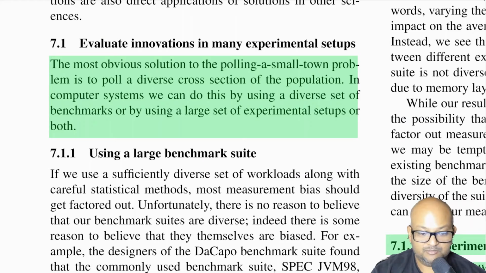You would try to poll a large cross-section of the population, which in CS research means that you want to have a diverse set of benchmarks or a large set of experimental setups, or both.